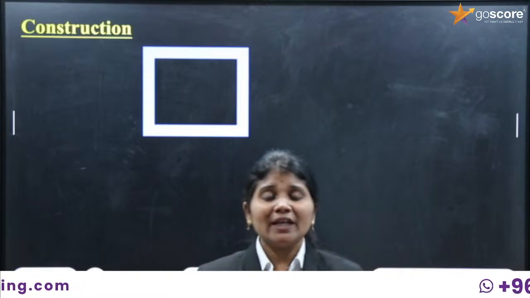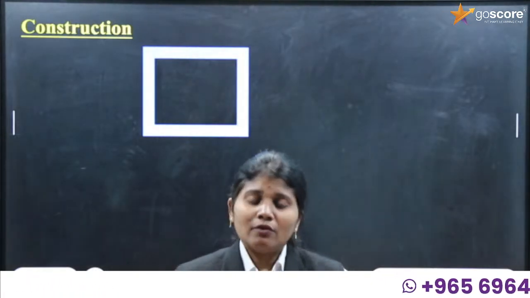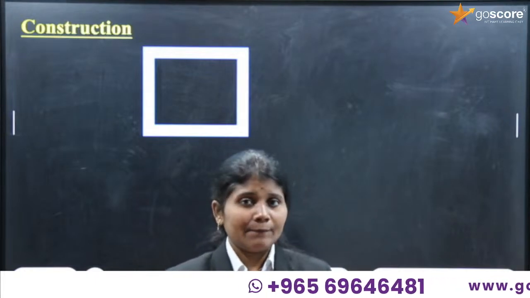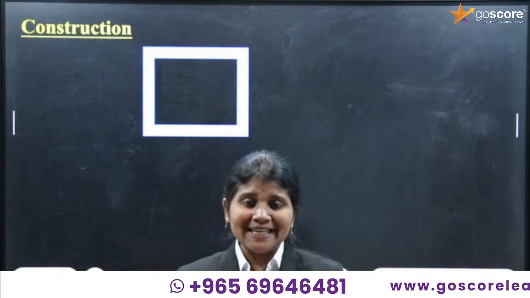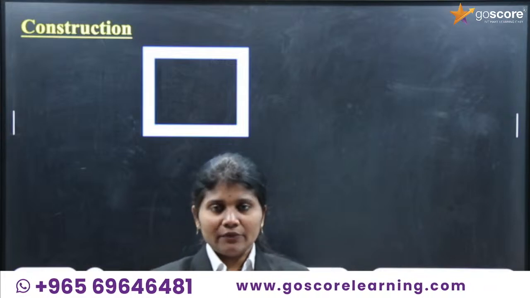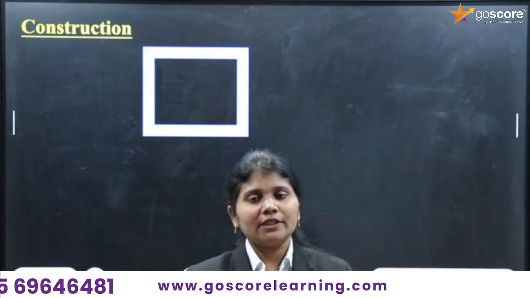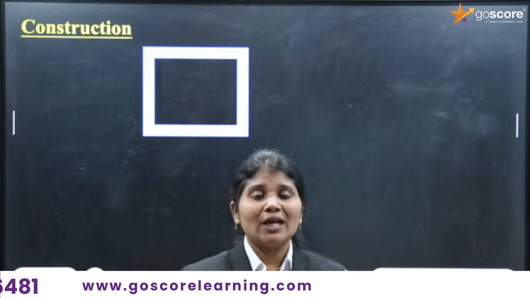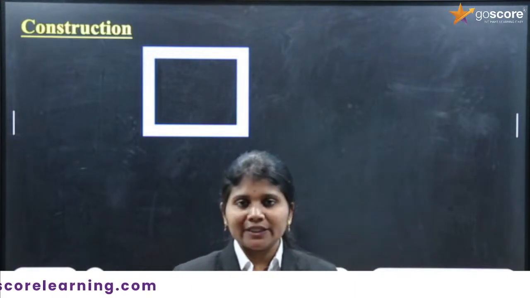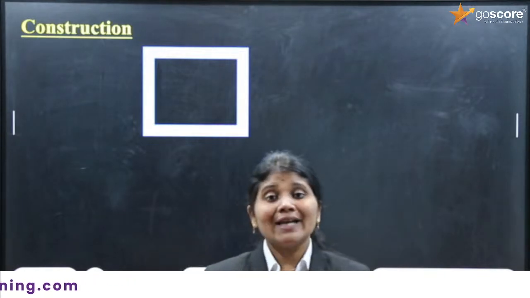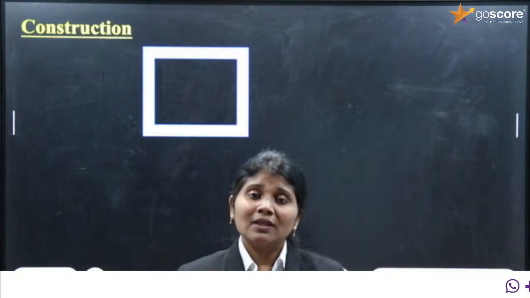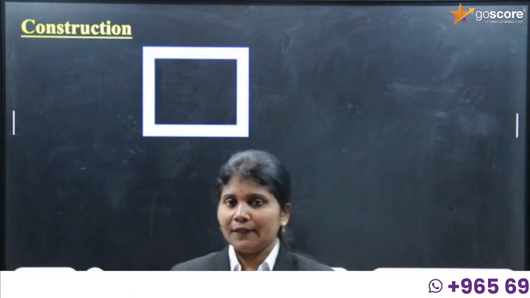Two windings: primary winding and secondary winding. Which winding is connected with the supply, that we call the primary winding. Which winding is connected with the load, that we call the secondary winding.